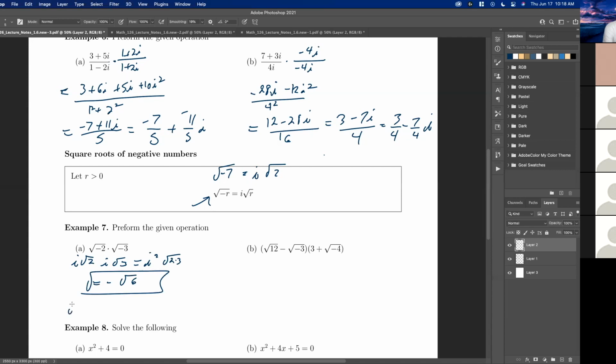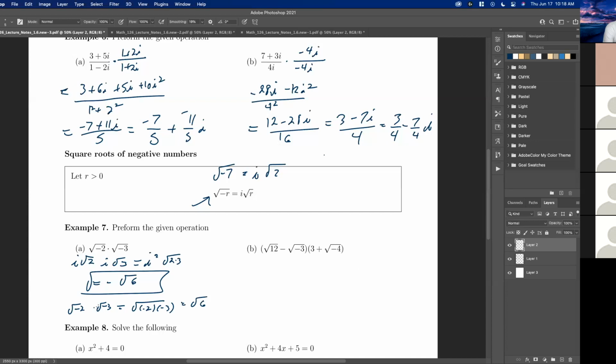What you'll be tempted to do is to take negative √2 times negative √3, write this as the square root of negative 2 times the square root of negative 3, which gives you the square root of 6. This is wrong by a negative sign.